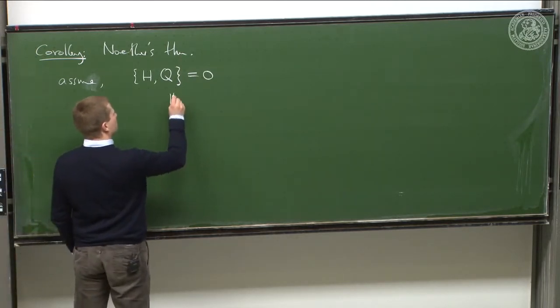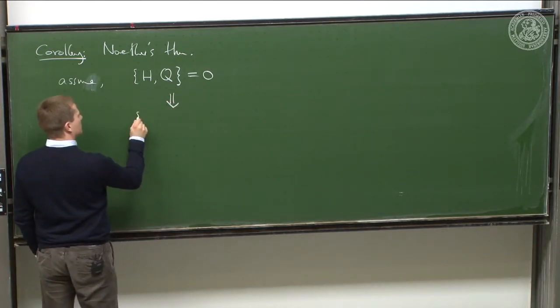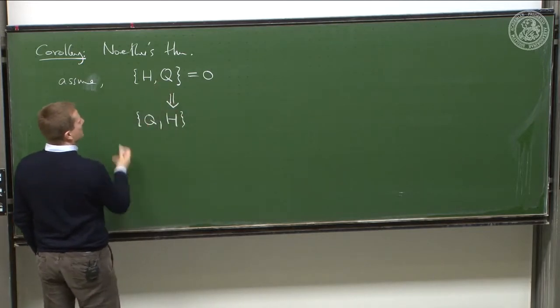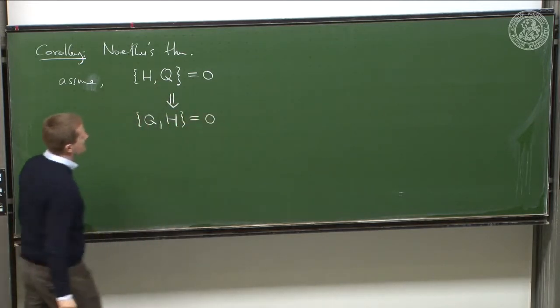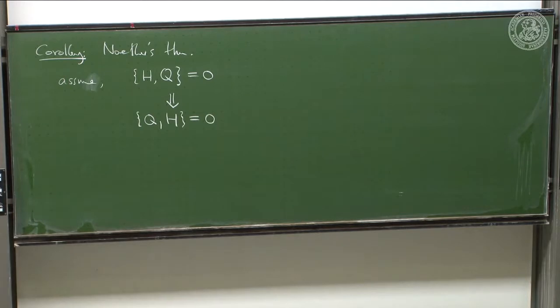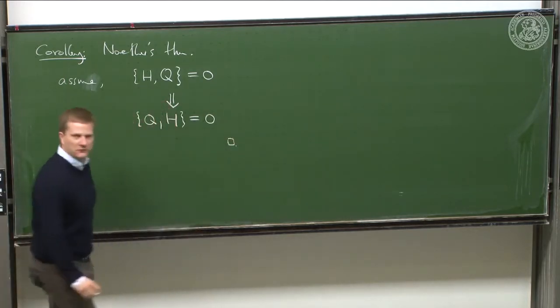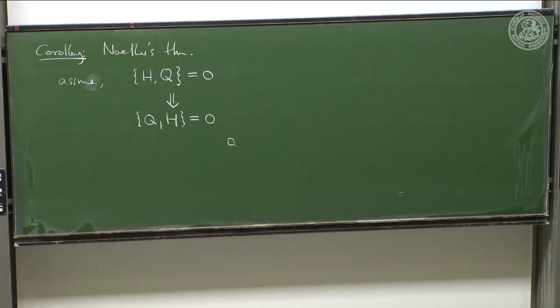Now, the proof of the Noether theorem is to make the incredibly complicated step that you switch the entries, pick up a minus sign, but because it's 0, it stays like this. End of proof. This is the Noether theorem. Why? What does it mean?